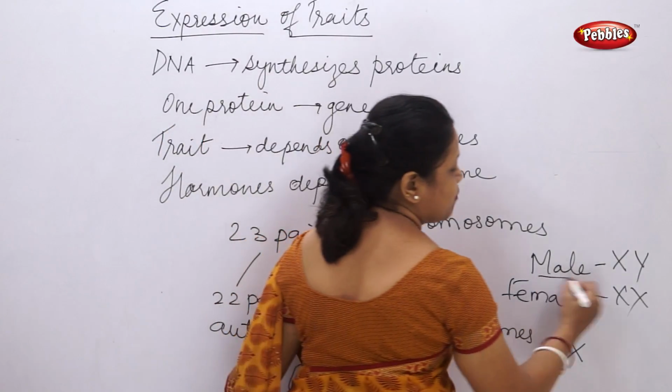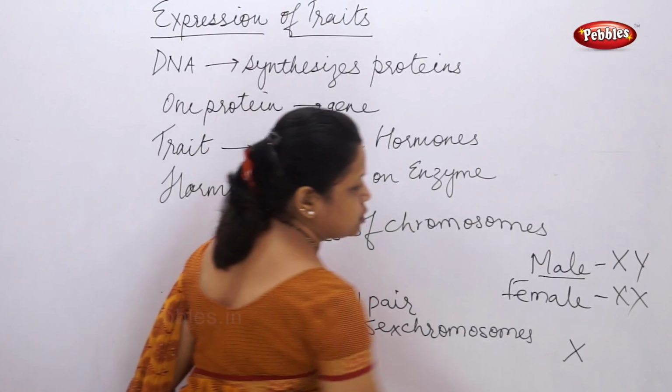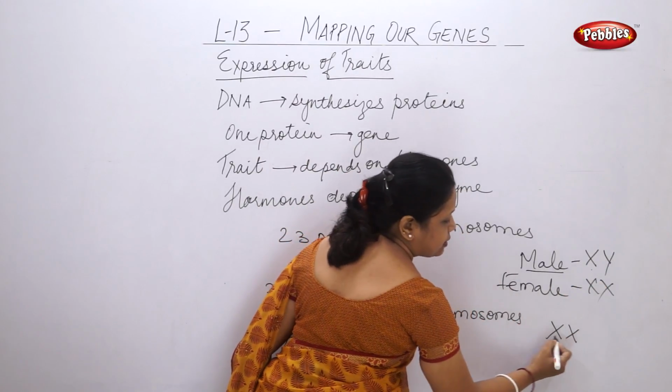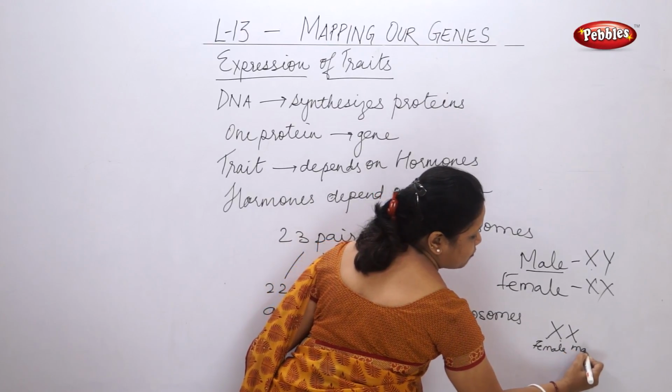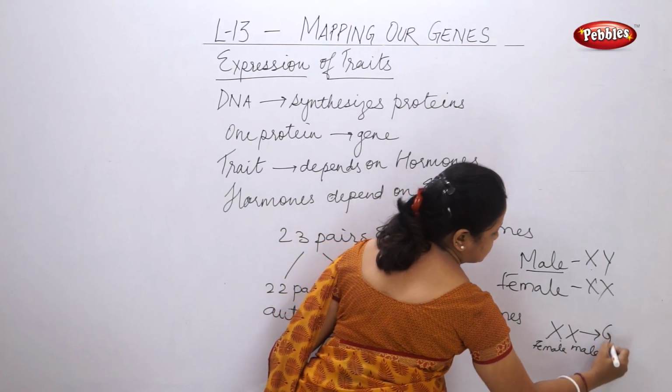Now here, if the male is giving X, it combines with the X of the female, and this becomes a girl child.